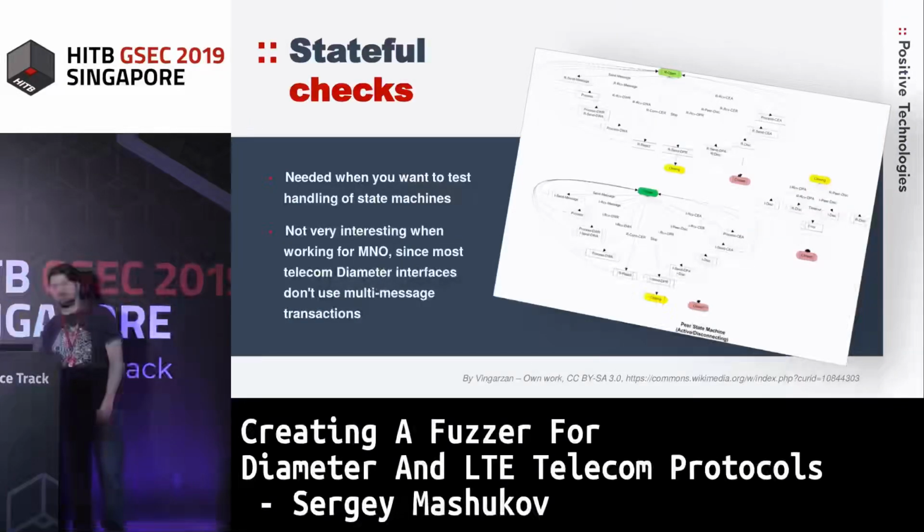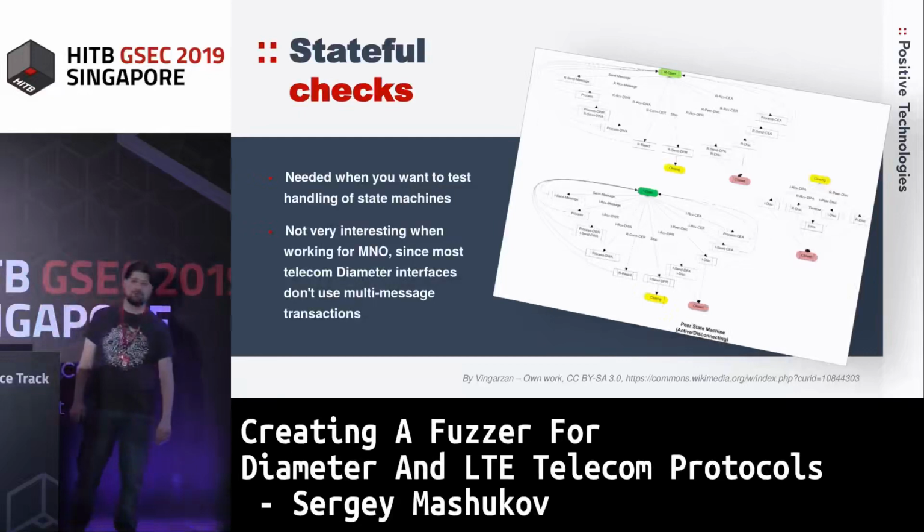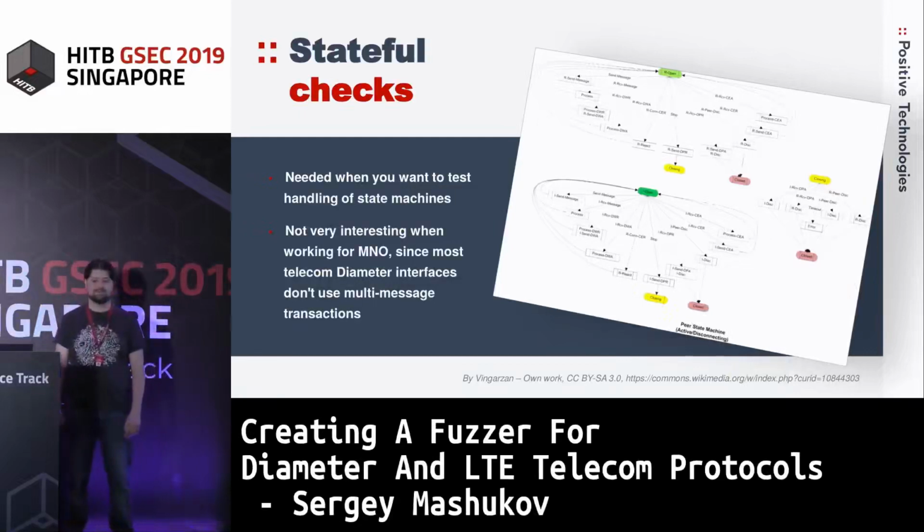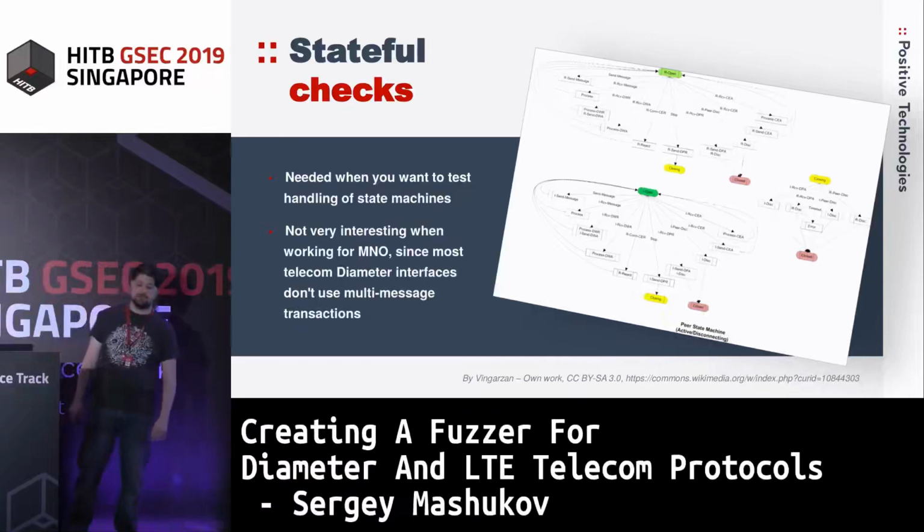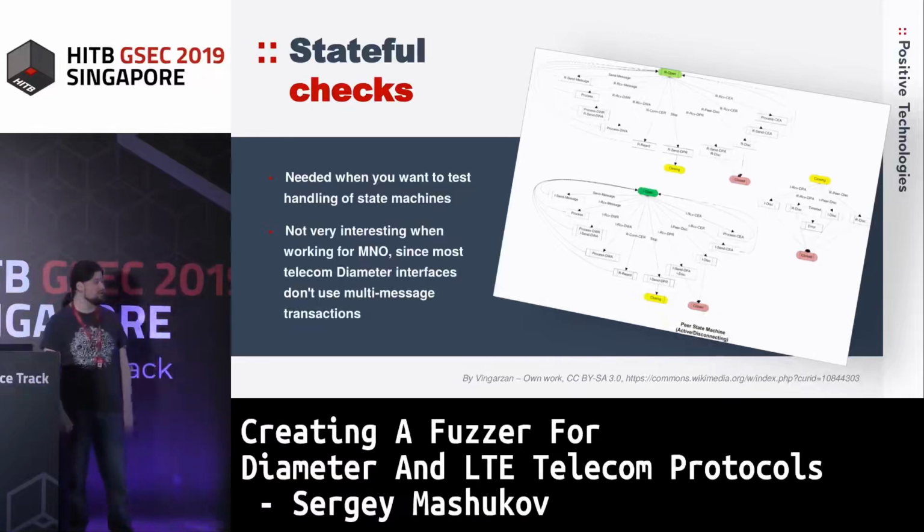Other thing that everybody who sells fuzzers for Diameter and telecom protocols tells you is that you need stateful checks. Stateful checks is a must. But actually, when do you need to go stateful? When you are testing state machines.